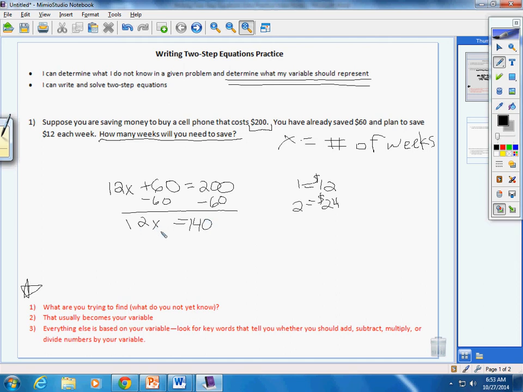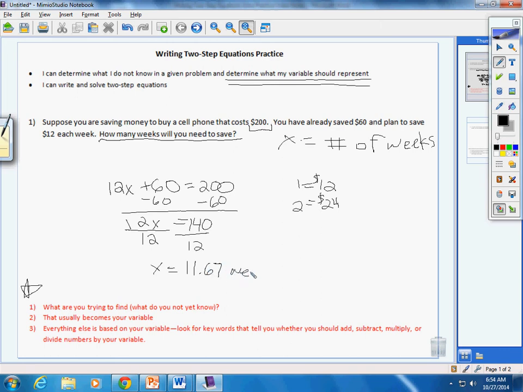And then this is 12 times x, so the last step is, in order to undo that multiplication, you've got to divide. So divide by 12 on both sides, and you're left with x equals about, you guys are going to have to do some long division, 140 divided by 12. It's going to be about 11.67, or 11 2/3 weeks.